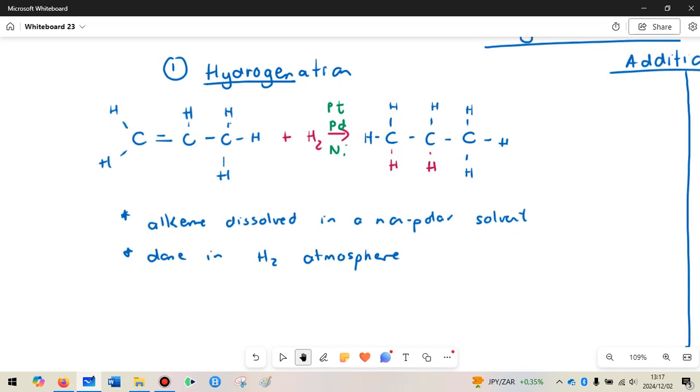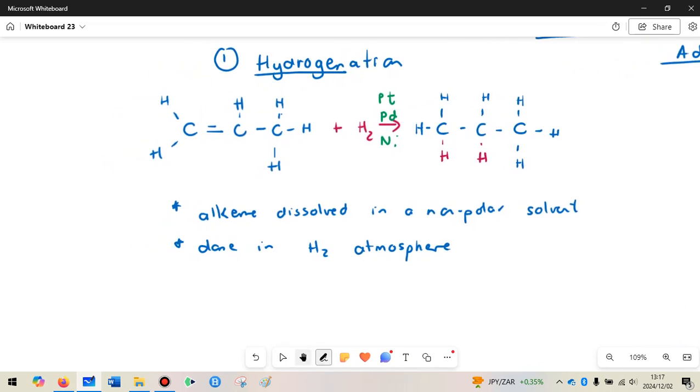Now, where's this used in everyday life? Look at the back of ice creams and chips and lots of processed foods. You'll see hydrogenated vegetable oil. It's also used to turn vegetable oil into margarine.